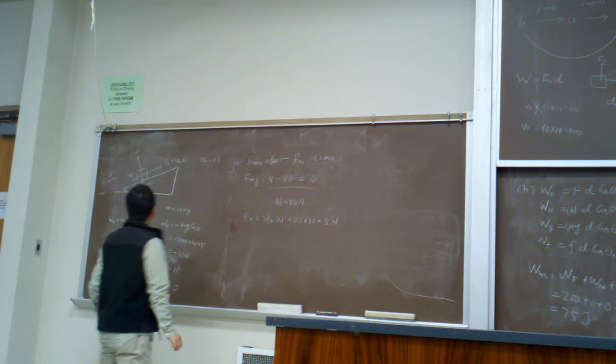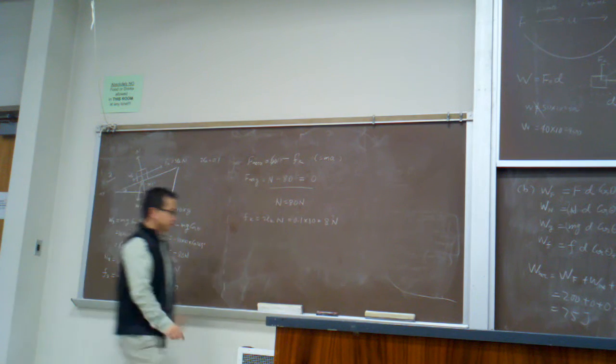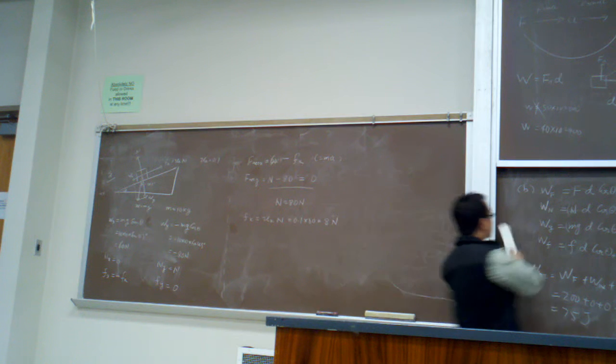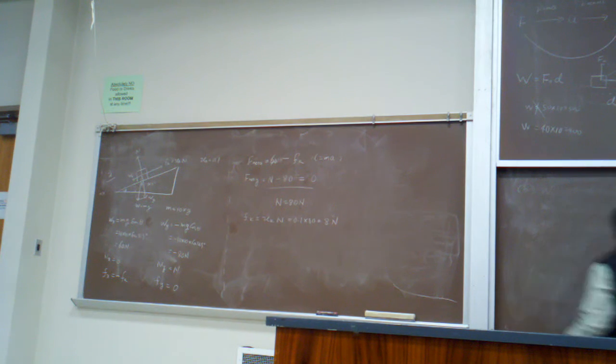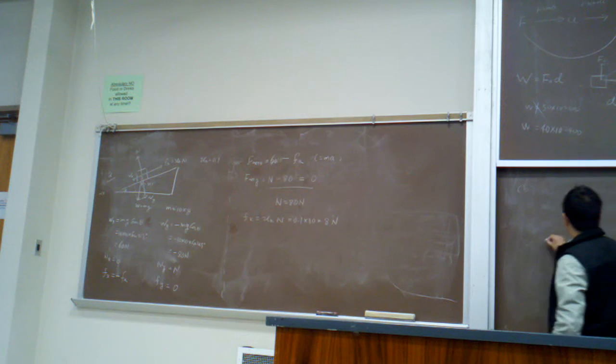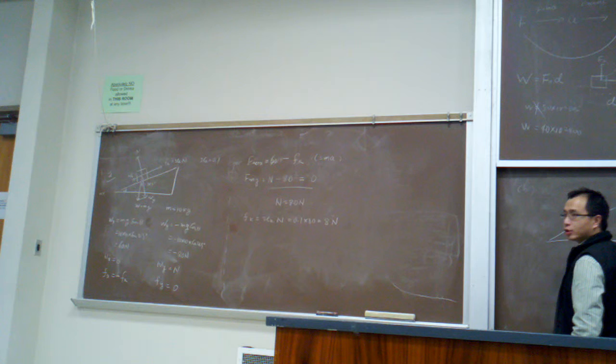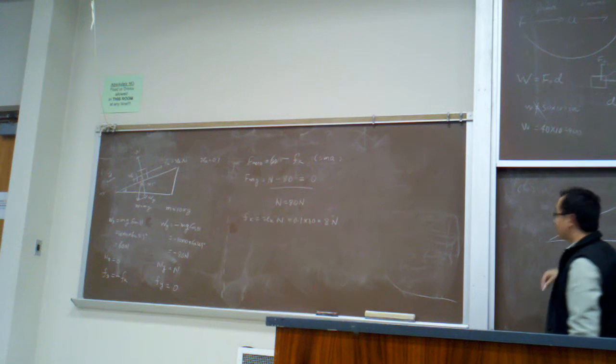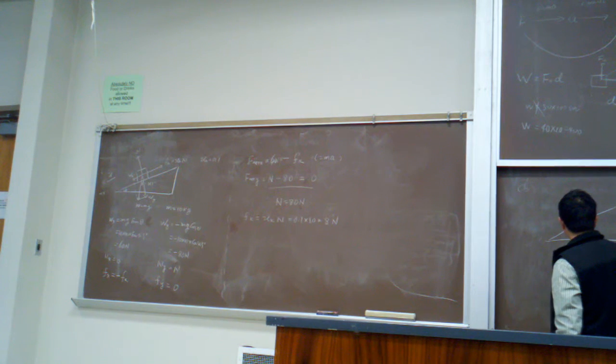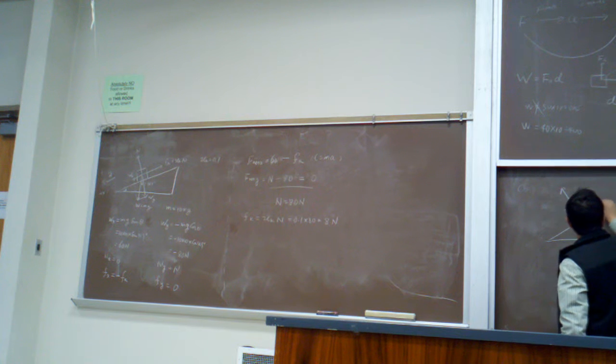So you have 3 forces. Now you can make another plot so it looks better. You have the inclined plane here. After you do this calculation using Newton's second law, you see that you have W here, N here, and Fk here.